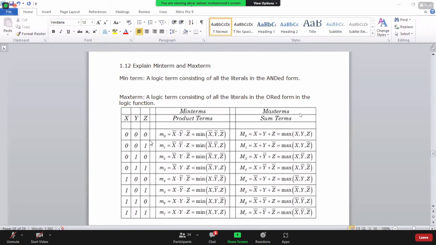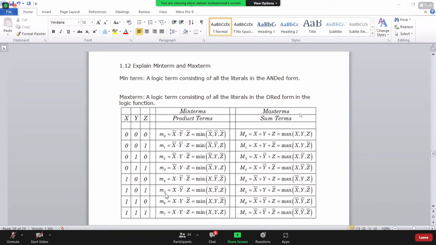So for 0, 0, 0, the min term is X bar dot Y bar dot Z bar. For 0, 0, 1 it is X bar dot Y bar dot Z. For 0, 1, 0 it is X bar dot Y dot Z bar. For 0, 1, 1 it is X bar dot Y dot Z. For 1, 0, 0, X dot Y bar dot Z bar.